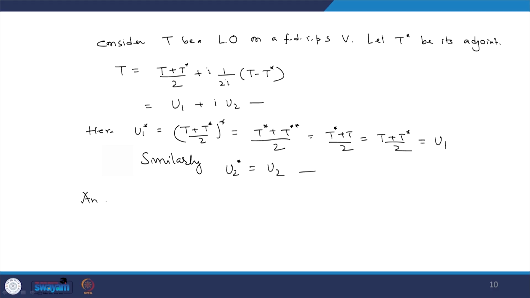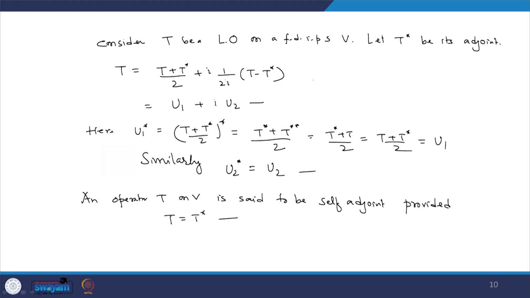An operator T on V is said to be self adjoint provided T equals T star.